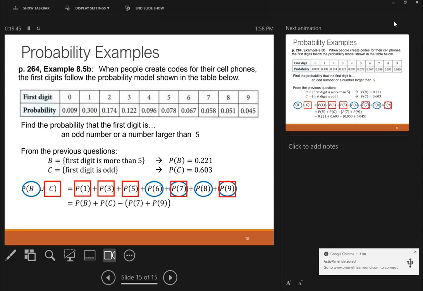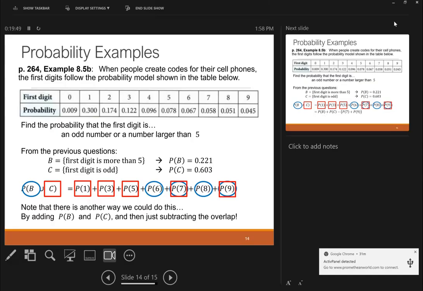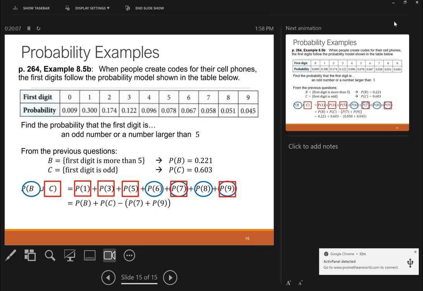So my last point here is that you can do this by looking at the probability that the first digit is 5 plus the probability that the first digit is odd, and then subtract the intersection of those two. And then you'll get the same result.